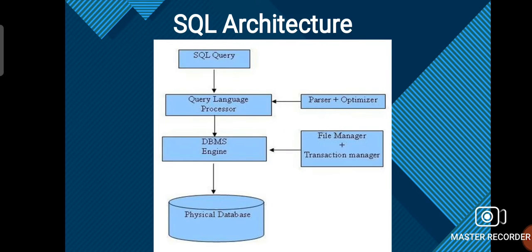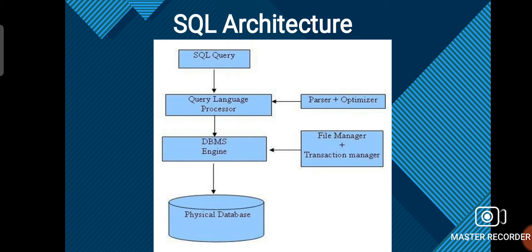In this diagram, we can see the SQL architecture, that is, how the SQL query is applied to the databases and how the query is processed to retrieve the data from the physical databases. In every database management system, there is one important module called the query language processor.